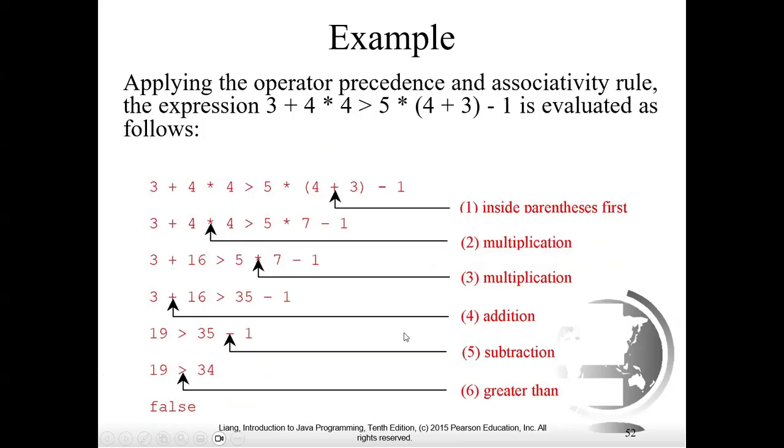Examples here. So applying the operator precedence and associativity rules for the expression 3 plus 4 multiplied by 4 over 5 multiplied by 4 plus 3 in the parentheses minus 1, it is evaluated in the following order. First, we should calculate everything in the parentheses.